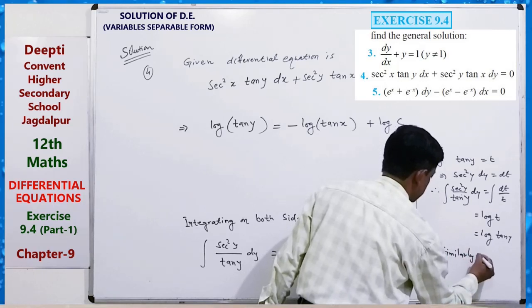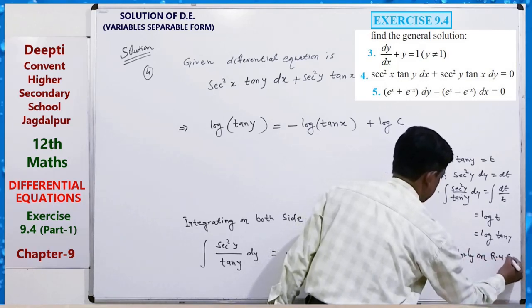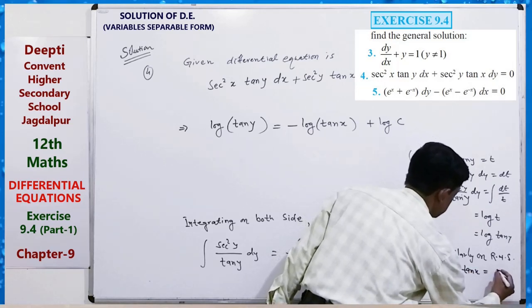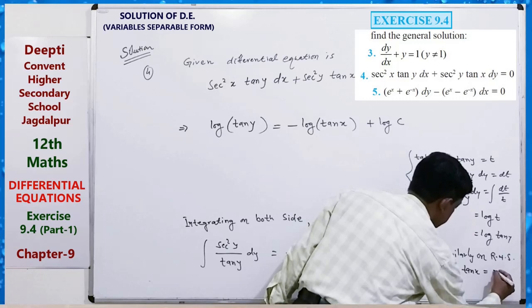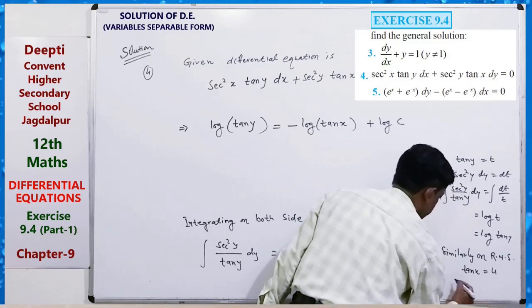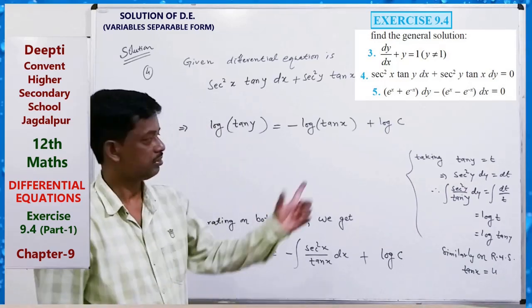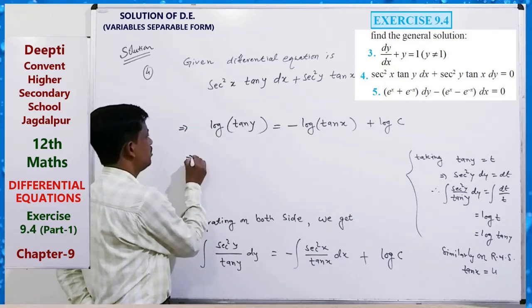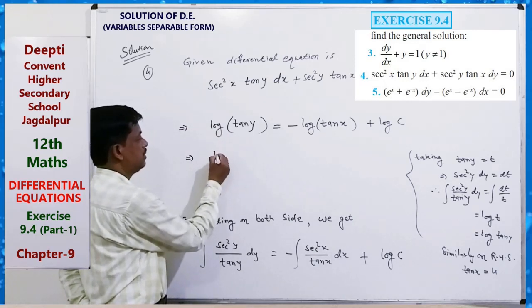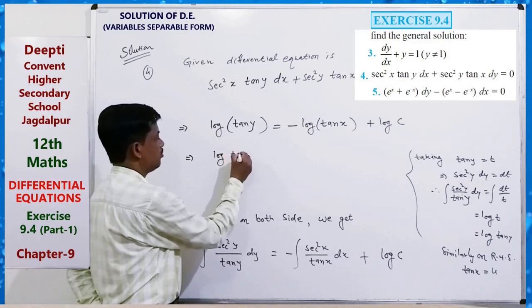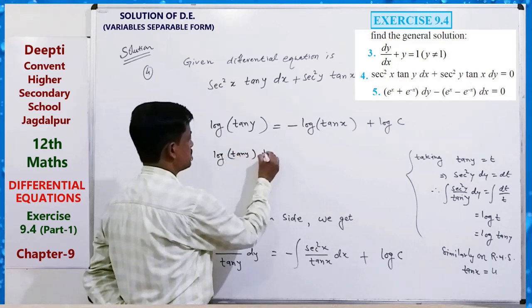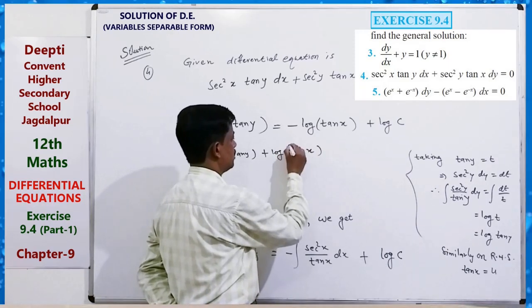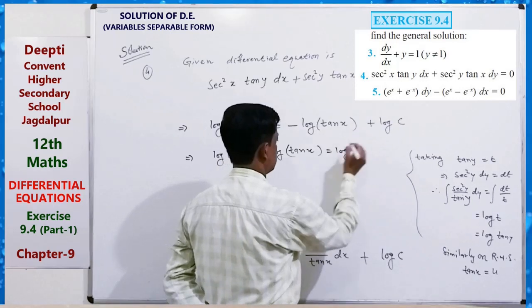Similarly, on the right hand side, tan x equals to u. Okay, just write like this. Now here we see that log of tan y plus log of tan x equals to log of c.